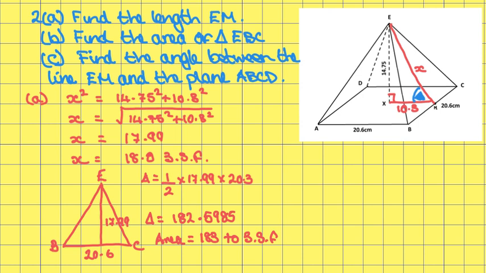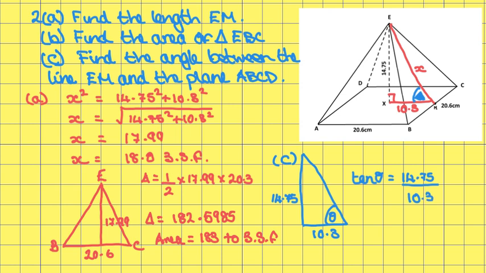So if we draw a triangle, just to illustrate this, we've got point M. We'll call the angle theta. We know that the height is 14.75. So we can use tan. So tan theta is equal to opposite, which is 14.75, divided by the adjacent, 10.3.